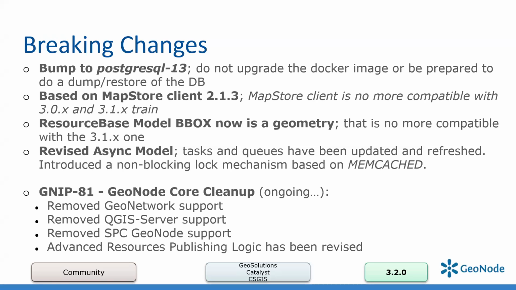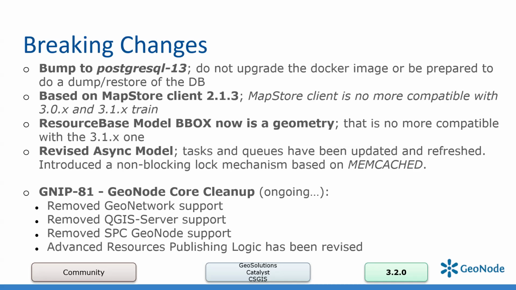You can still use the old image, so you can still use Postgres 11 or 10 if you have it. But pay attention, because if you want to switch to the new version, the new datadir won't be compatible anymore. So most probably you will first need to dump the database locally and restore it once you have created the new instance of Postgres. So be very careful when you decide to upgrade your Docker instance or GeoNode instance.